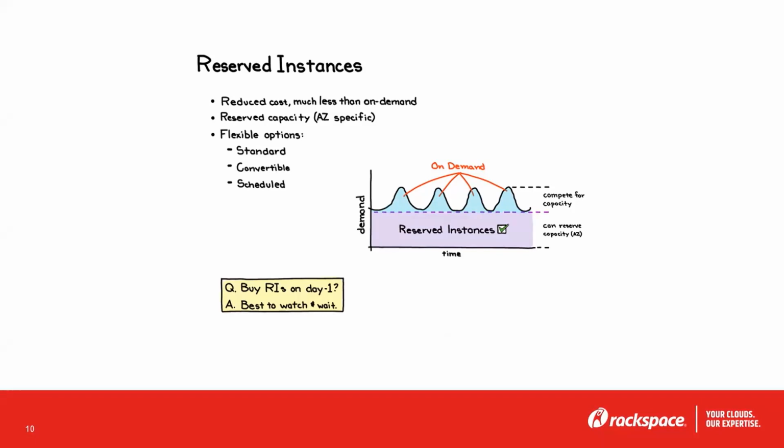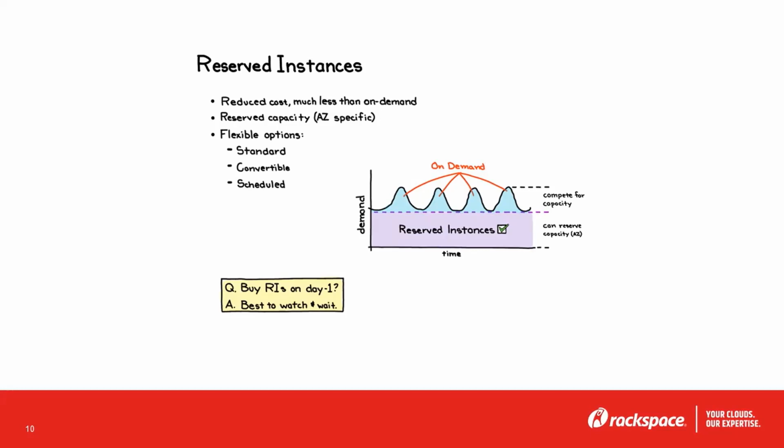In return for doing that, AWS gives you a significant discount on that instance, and depending on the term that you require, whether it's 1 year or 3 year, and the instance type, you can see from 30 to, I've seen up to 75% savings over the course of a reserved instance lifetime.